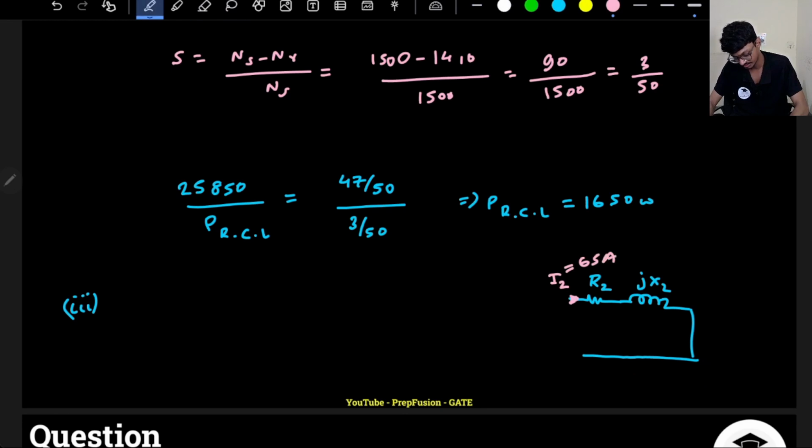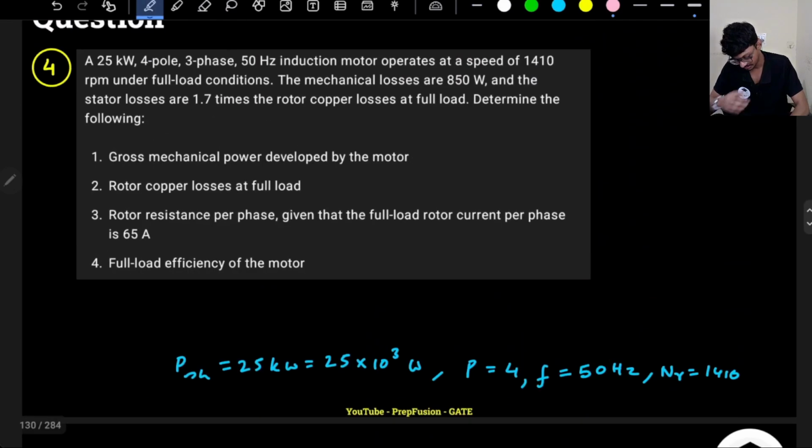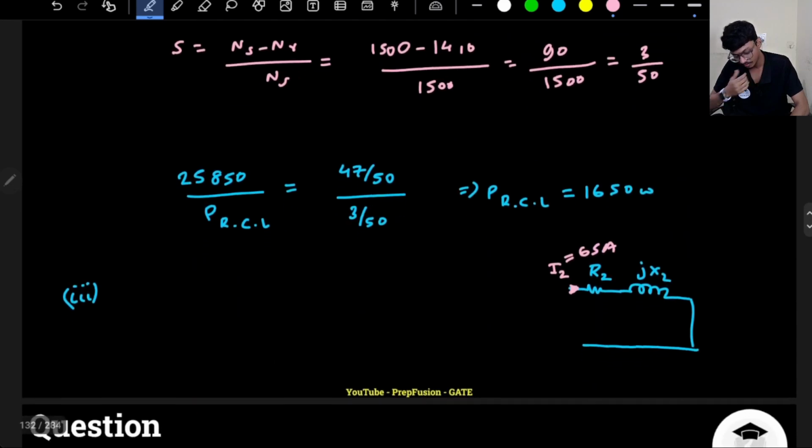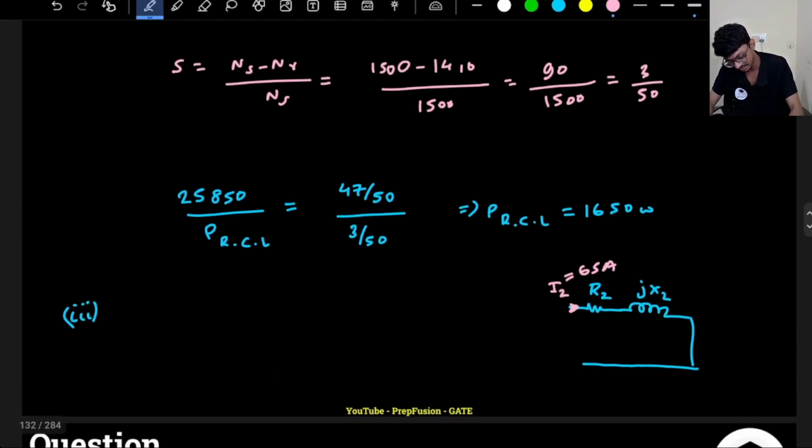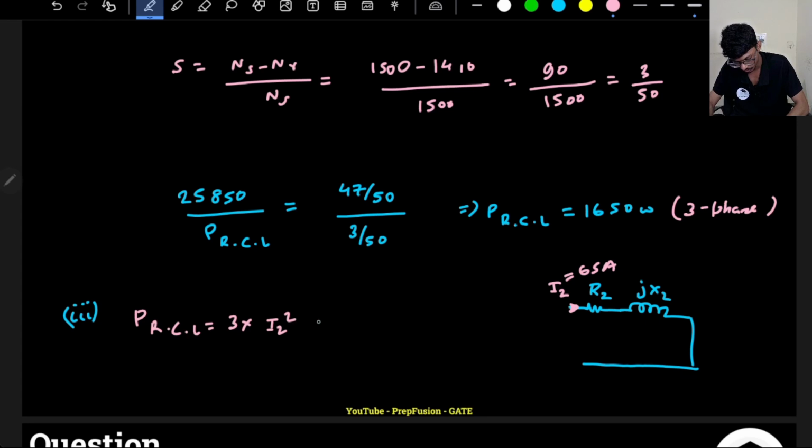I'm just drawing the per phase equivalent now. So I know what is the rotor copper loss. Remember, this is the three phase rotor copper loss, right? So if I want to write down the rotor copper loss, it will be equal to 3 times I2 whole square into R2, right?